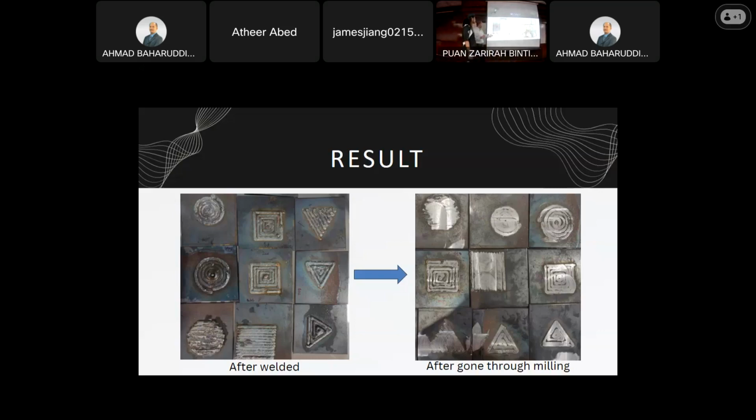Even though you are using the same parameters, for other deposition paths, why is there a gap between the beads? Yes, it is because my drawing is not accurate enough.